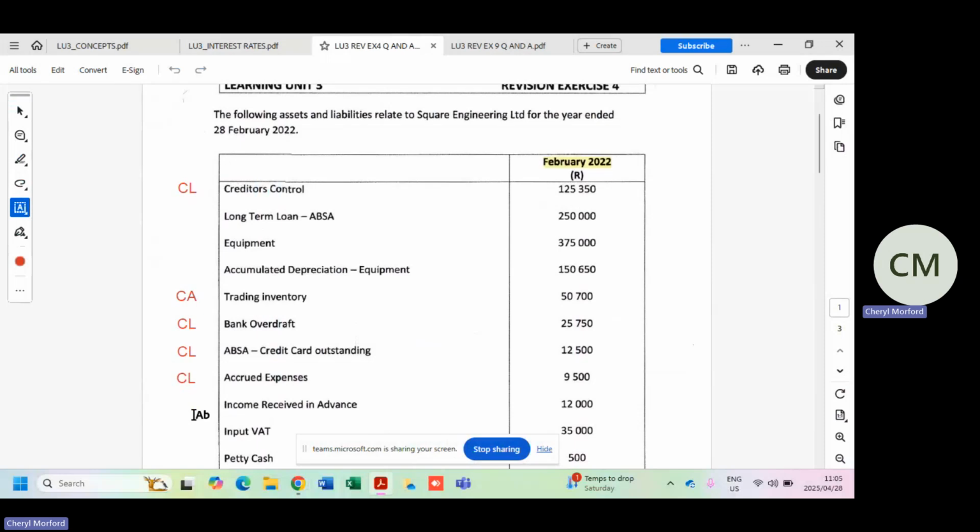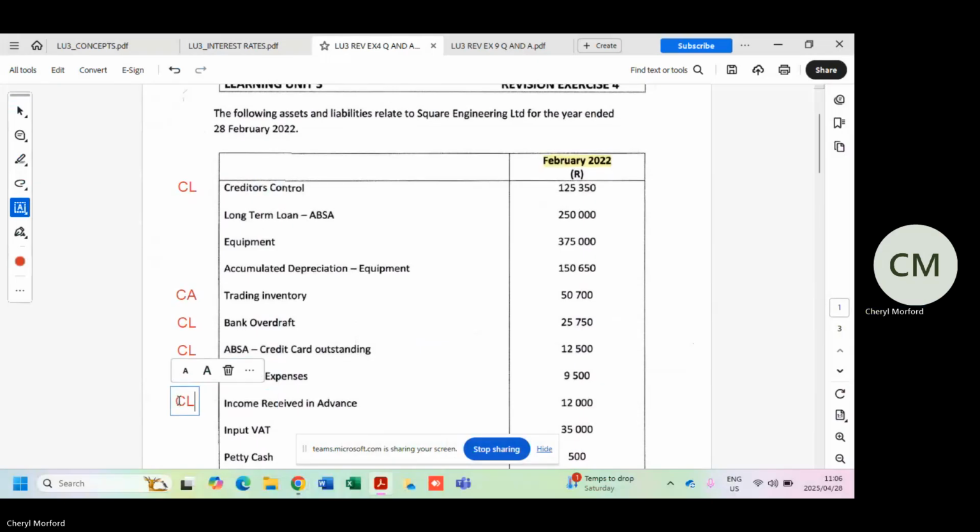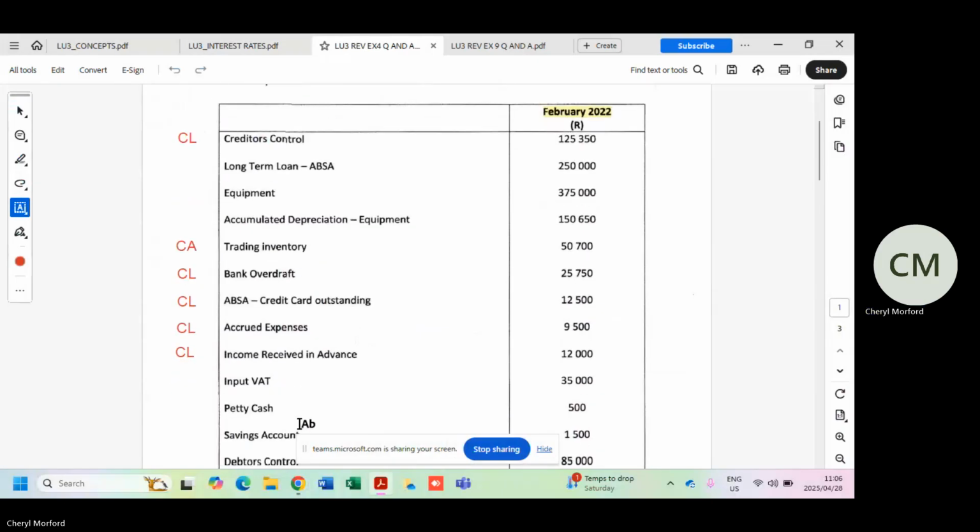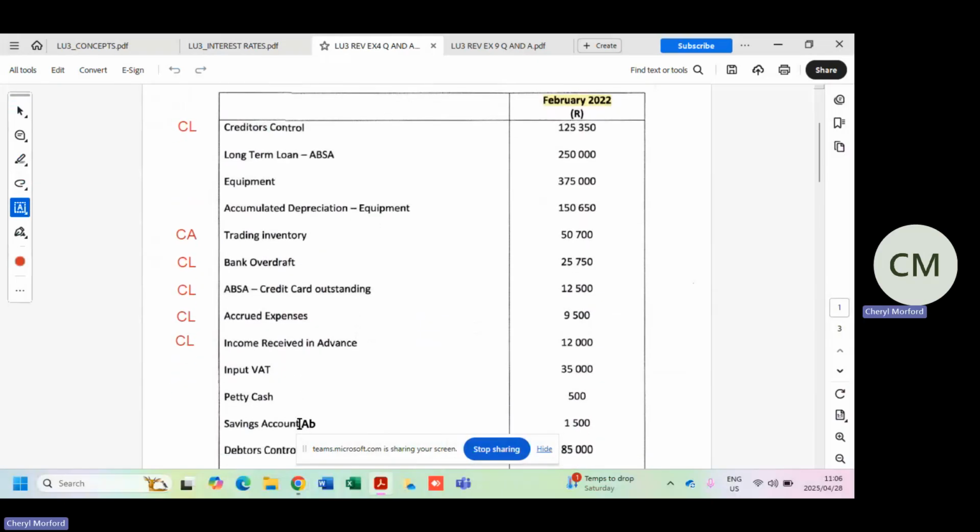Our income received in advance, that's not really to be recognized in the current period. So it doesn't really belong to us yet, even though we have it. So that is also a current liability. Then coming on to VAT, there are two kinds of VAT.